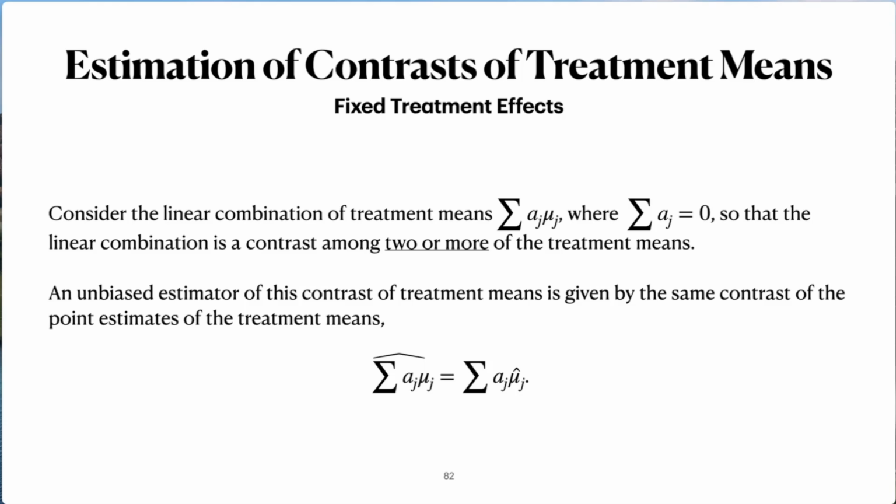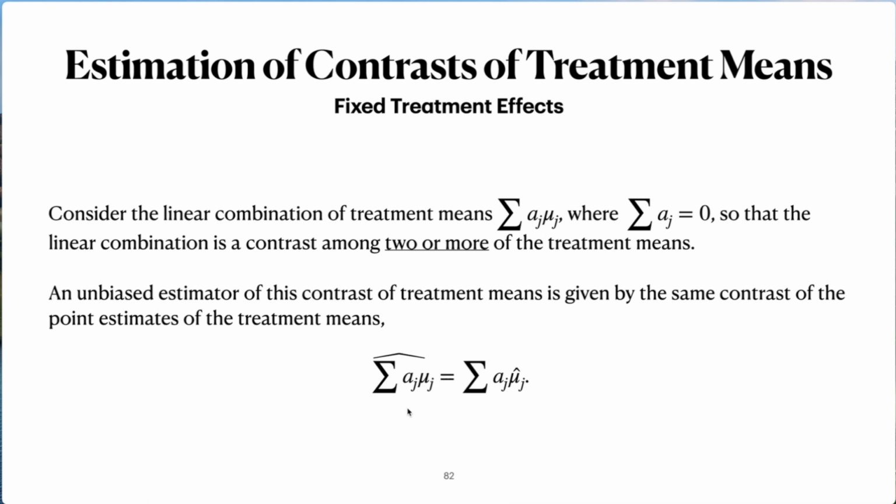Now, an unbiased estimator of this contrast of treatment means is given by the same contrast, but of the point estimates of those treatment means. We'll denote the estimate of our contrast by the sum a sub j times mu sub j with a big hat on top, so we're estimating that entire thing.